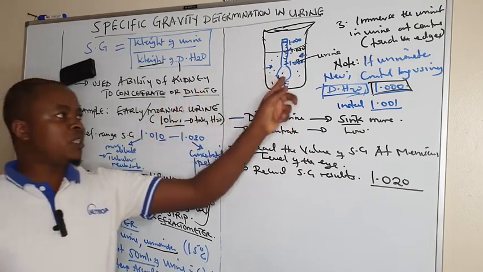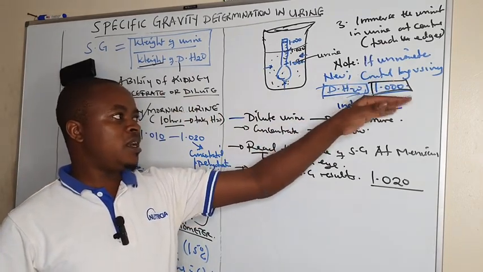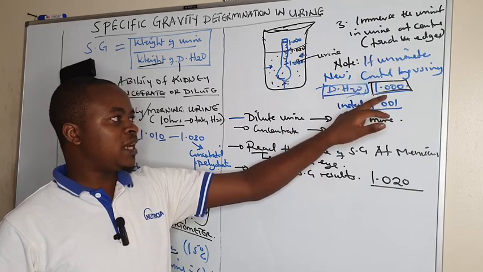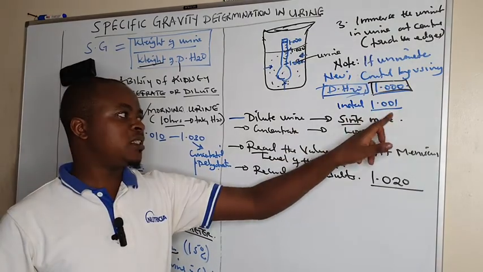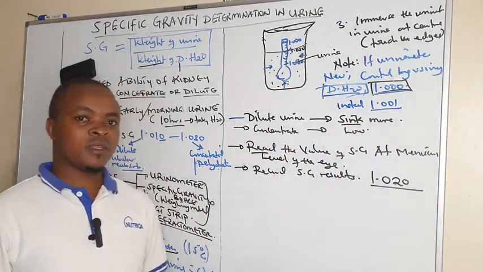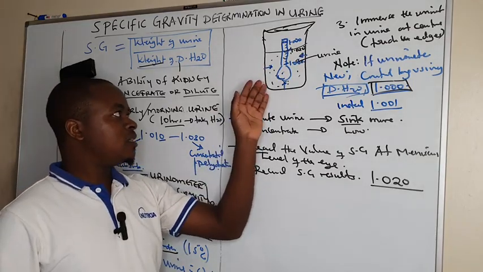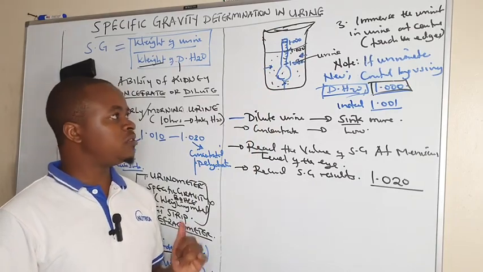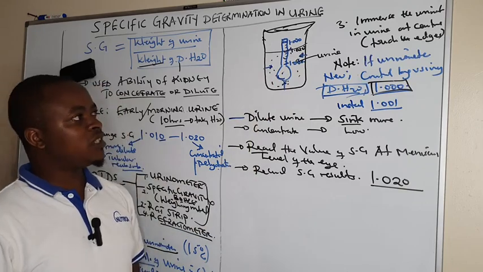If the urinometer is new, you first test it using distilled water, and if it does not give the meniscus at 1.00, you adjust, then subtract that addition. Then you immerse the dry clean urinometer into the urine in the center, avoiding it touching the edges.